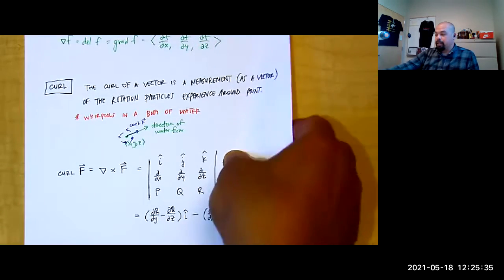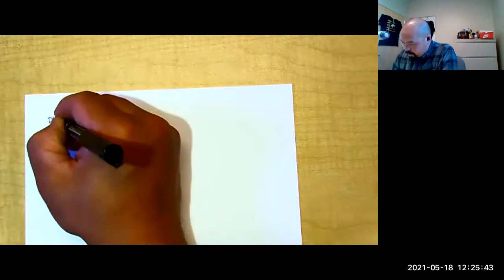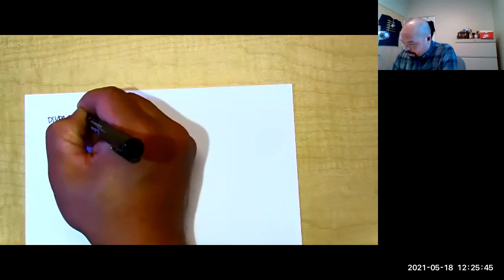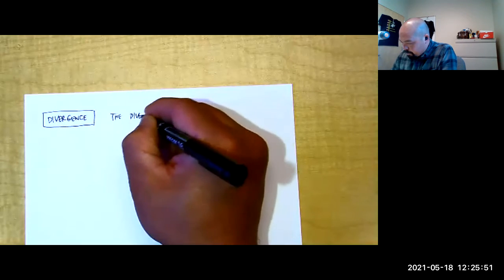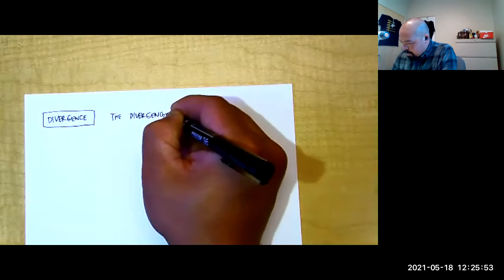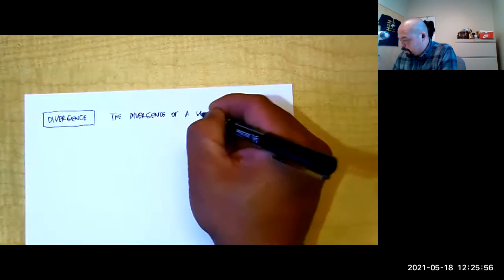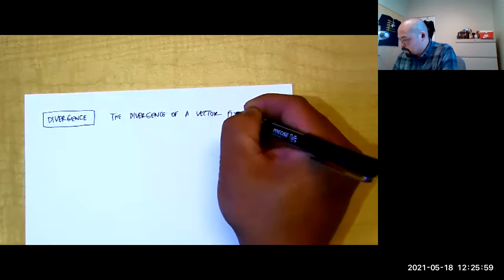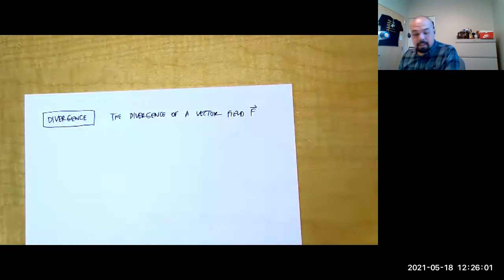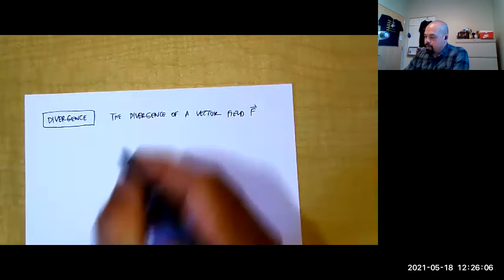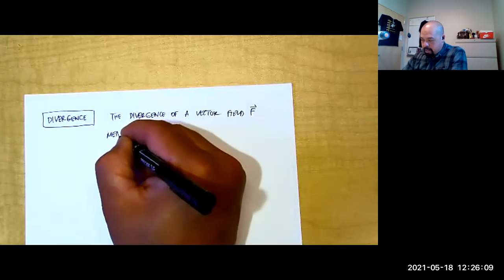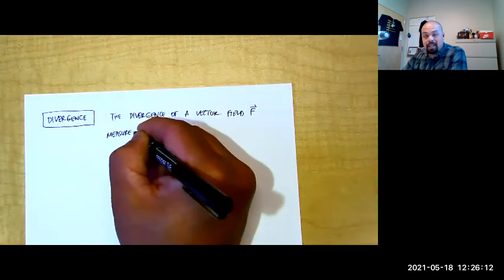And now let's look at the divergence, okay? For our divergence, think about how we're interacting that del operator with our vector field F. So the divergence of a vector field F, this is going to measure, and again, divergence, hopefully, it measures things leaving, diverging.